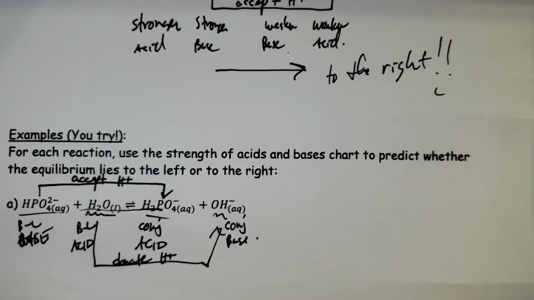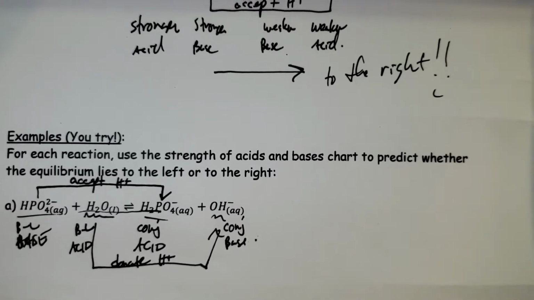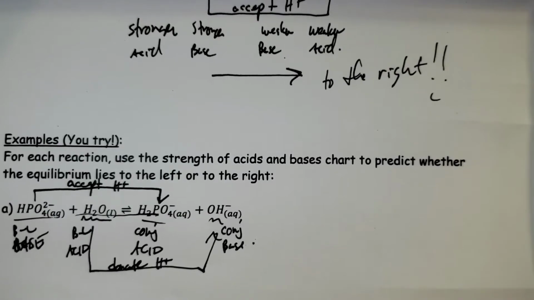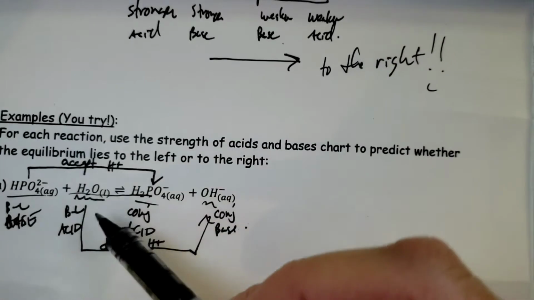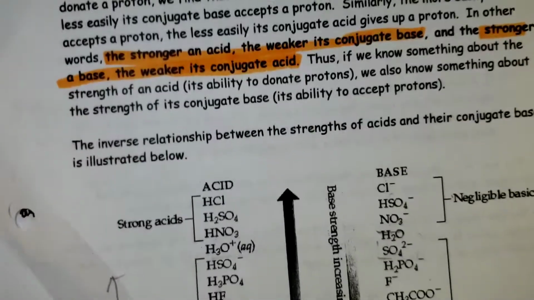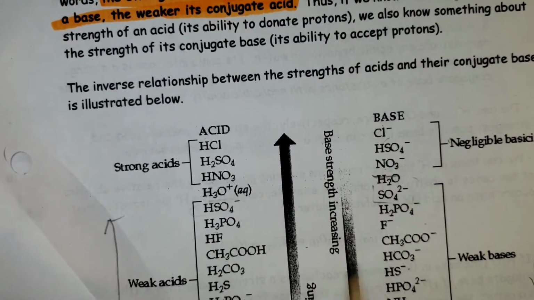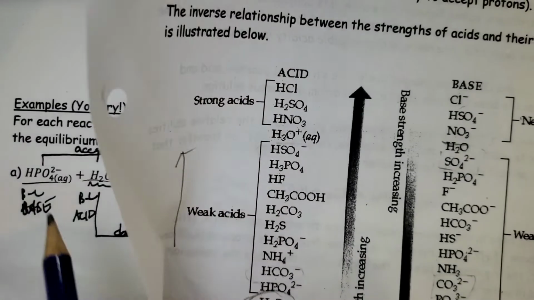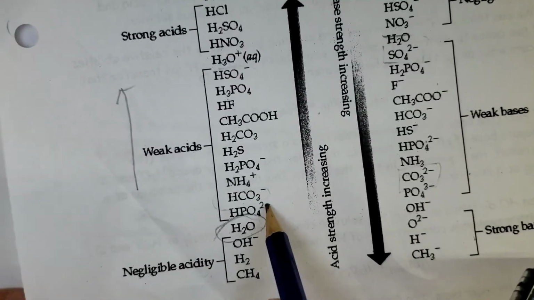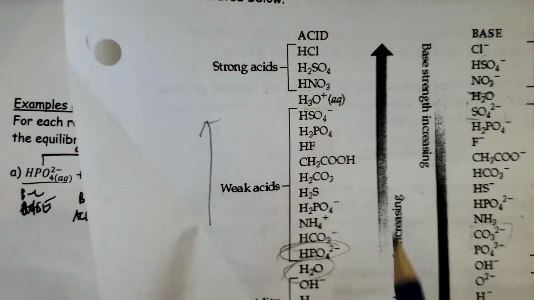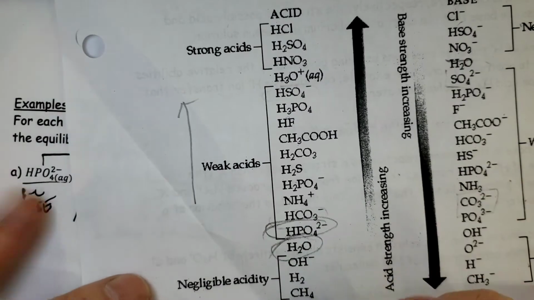So now I'll compare the acids and the bases on that chart to see what's stronger and what's weaker. Over here, the acids are H2O and H2PO4. Oh, I looked up the wrong thing here.